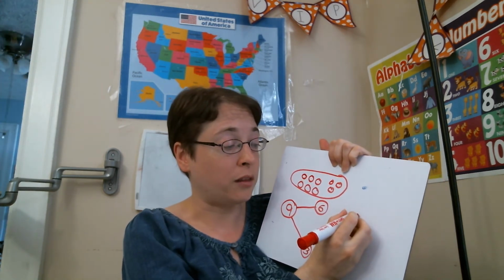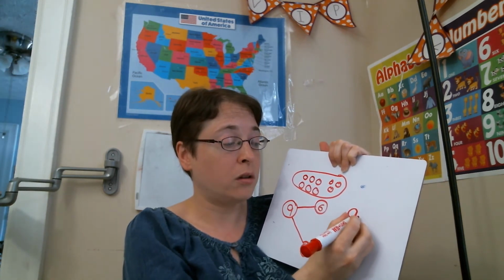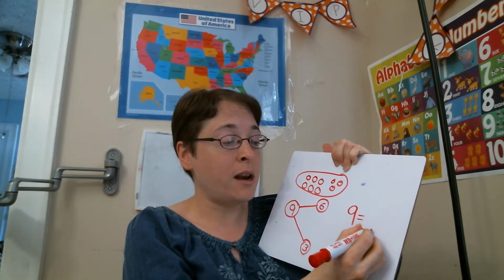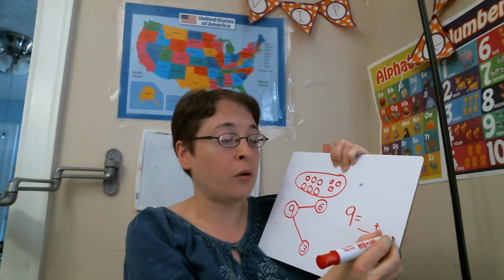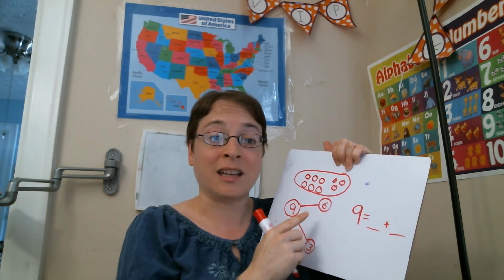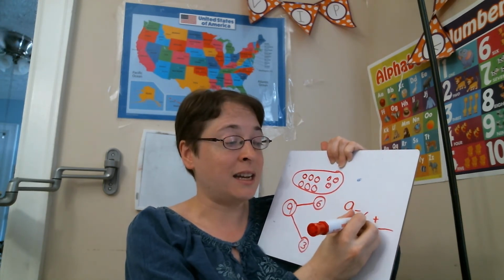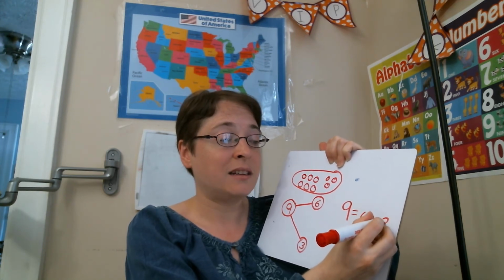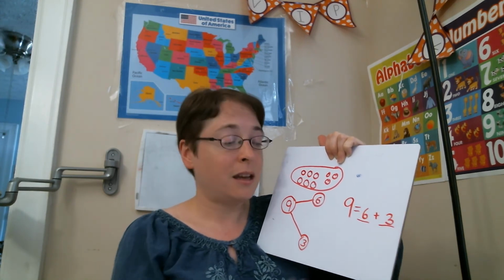Now, can you make a number sentence that starts with the whole? So we're going to put the whole. Now, what numbers go in the blanks? The parts, that's right. 6 and 3.